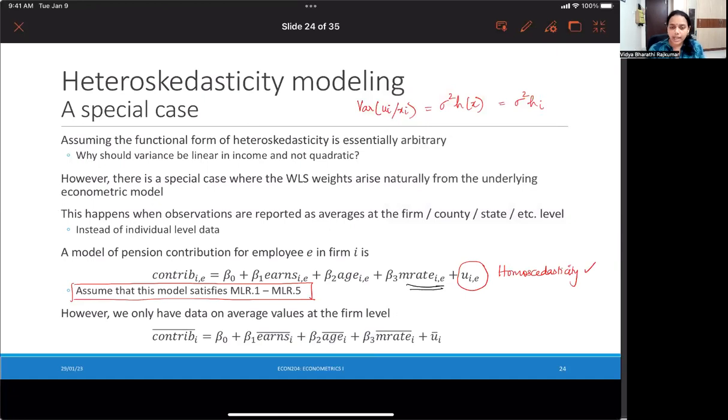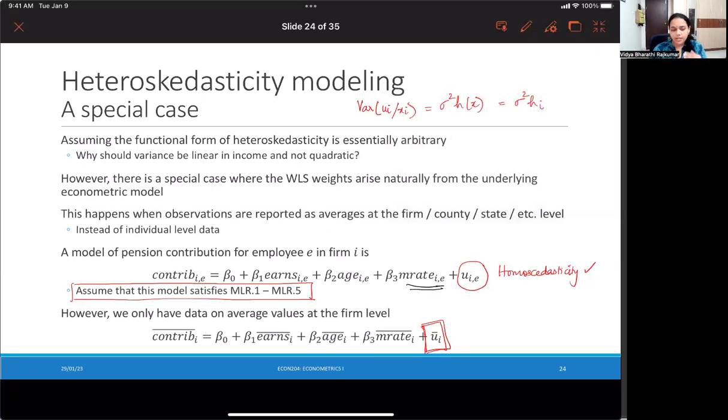But suppose we have data only on averages at the firm level, meaning we don't have information on every single employee in a given firm, but rather only the average values for each firm in our sample: average employee contribution, average employee income, average employee age, and the average contribution from the company. So we have to run a regression only at that firm level. Now, we don't know if the error term here is homoscedastic or heteroscedastic.